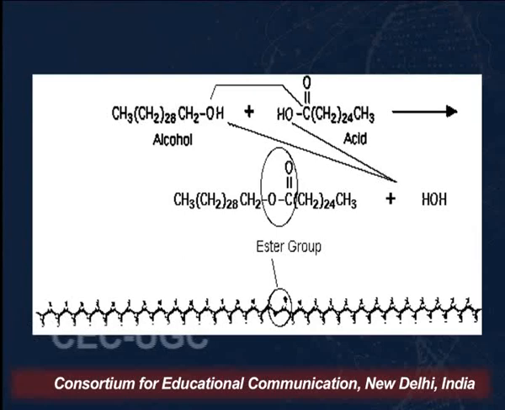It is an example of nucleophilic acyl substitution, where the alkoxide ion acts as a nucleophile and attacks the carbonyl carbon, resulting in the formation of the ester with the elimination of a water molecule. Here on your screens, you can see the ester linkage which has resulted from the reaction between the H of the alcohol and the OH of the carboxylic acid.